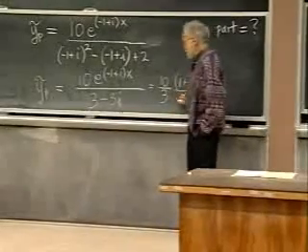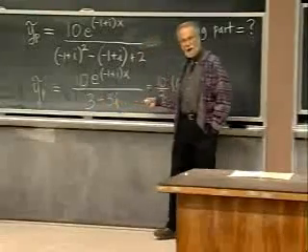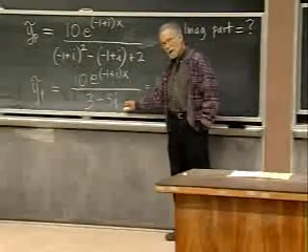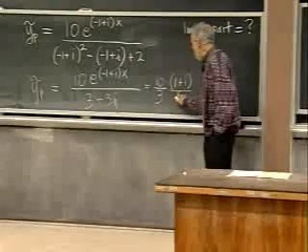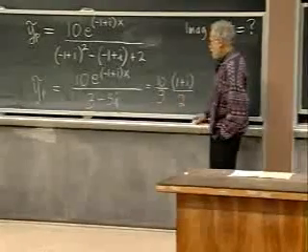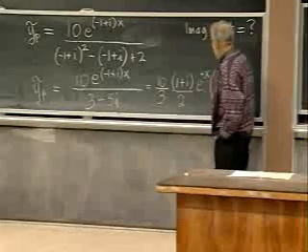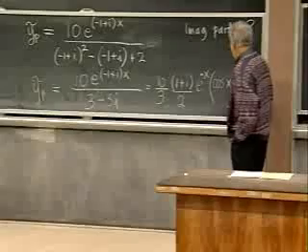But I have to divide by the product of 1 minus i and its complex conjugate. In other words, I'm multiplying both top and bottom by 1 plus i. And so that makes here 1 squared plus 1 squared, which is 2. That takes care of that, and now what's left is e to the negative x times cosine x plus i sine x.